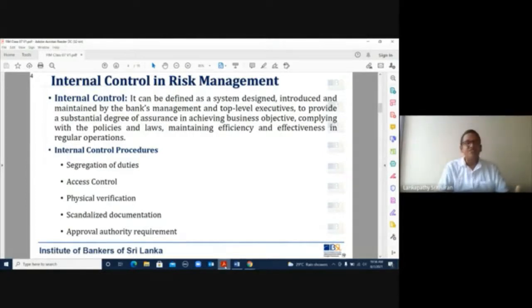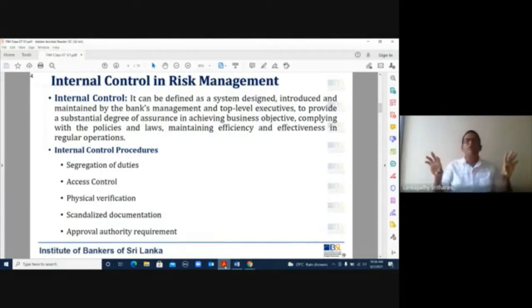Internal control can be defined as a system designed, introduced and maintained by the bank's management and top-level executives to provide a substantial degree of assurance in achieving business objectives, complying with policies and laws, and maintaining efficiency and effectiveness in regular operations.